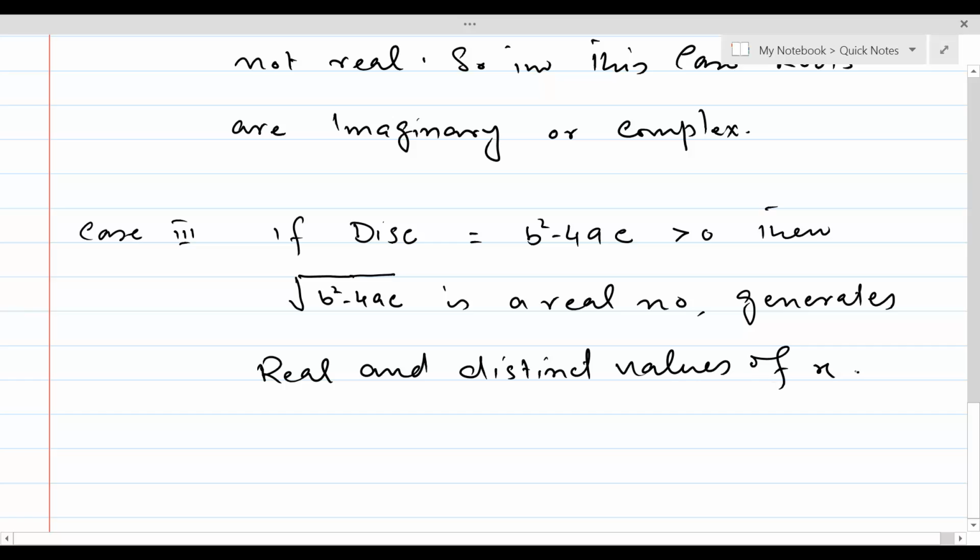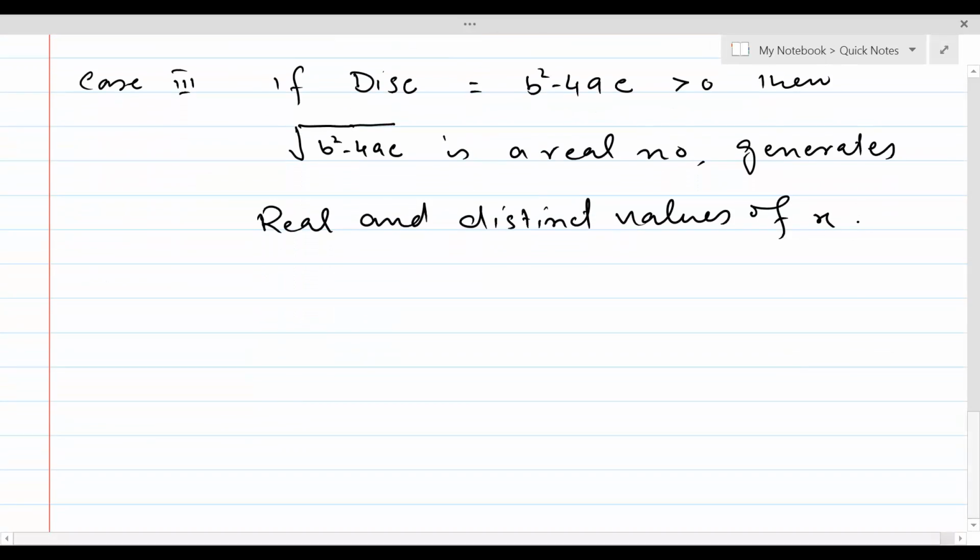Because this square root is a positive real number which one time is added to minus b and one time it is subtracted. Therefore, it generates two distinct real numbers.